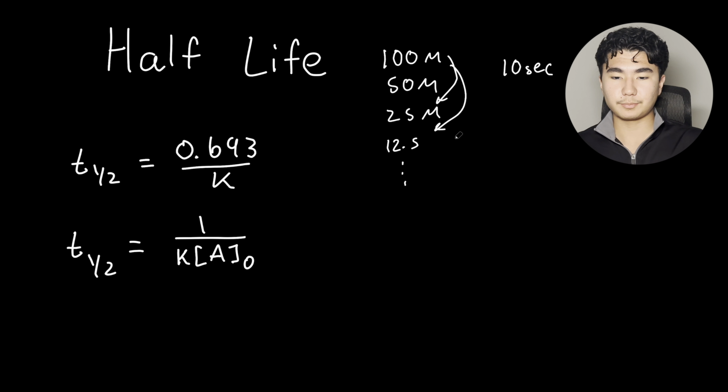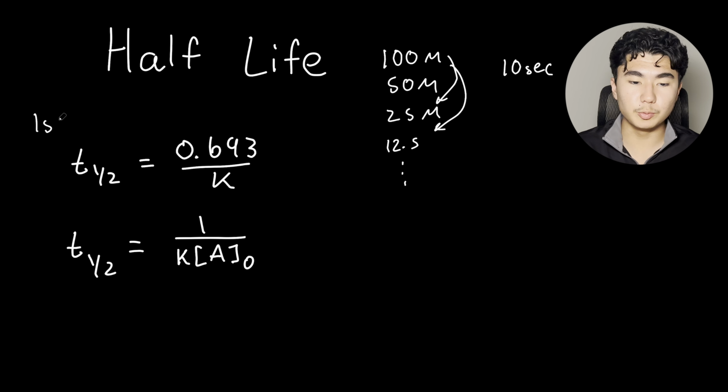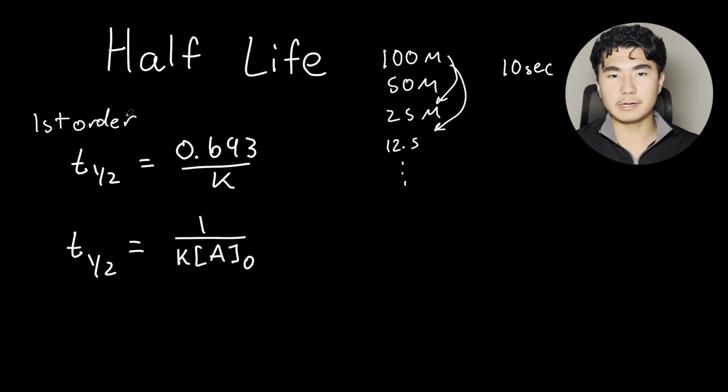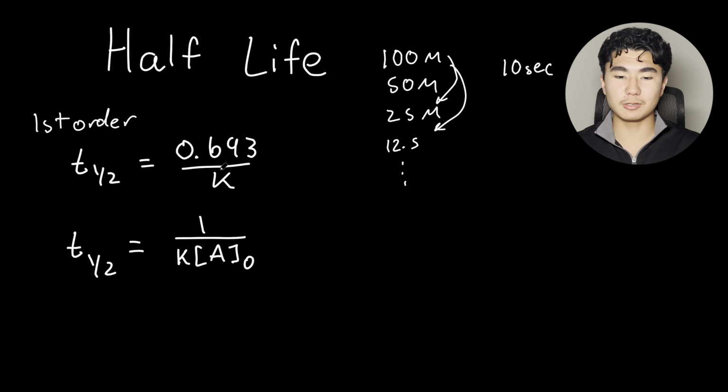But there are different half-life equations to use, and this is the one specific to first order. Now, I'm sure you can find a YouTube video going through how to derive this equation.